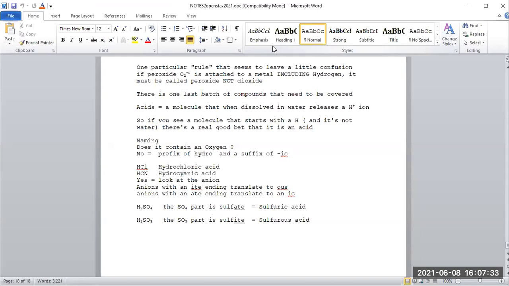You could stick your finger in sulfurous acid and not really suffer any damage. There's a big power difference there, as well as a naming difference. So that covers all the main rules.